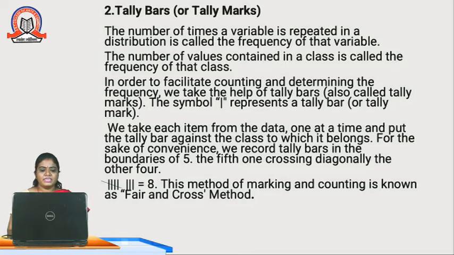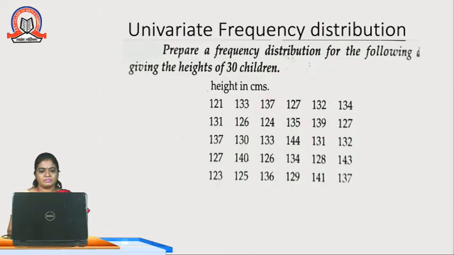We take each item from the data one at a time and put the tally mark against the class to which it belongs. For convenience, we record tally marks in groups of 5. So 4 lines will be straight lines, the 5th line will be the cross, and again we start with straight lines. This method of marking and counting is called the fair and cross method.